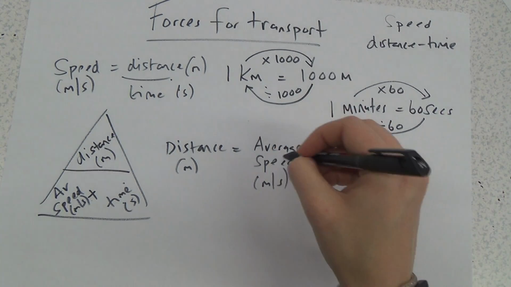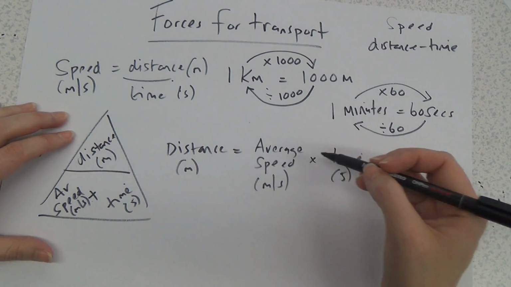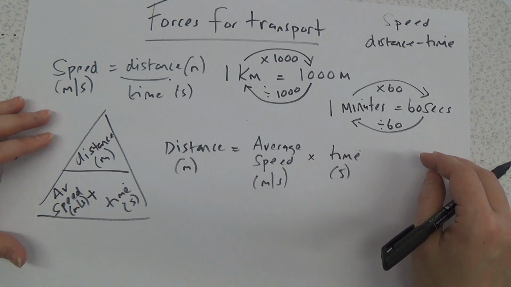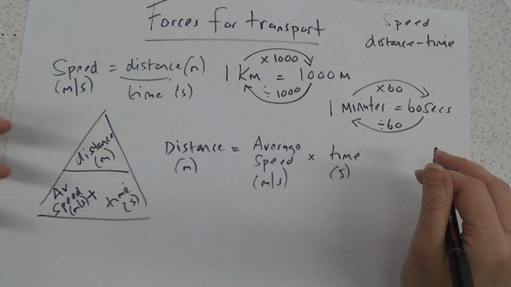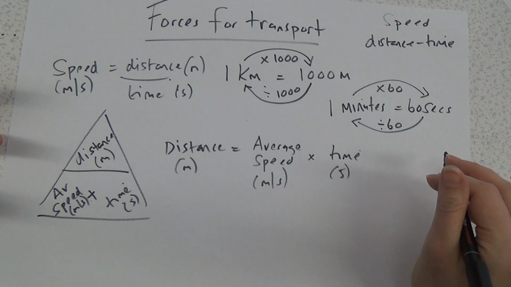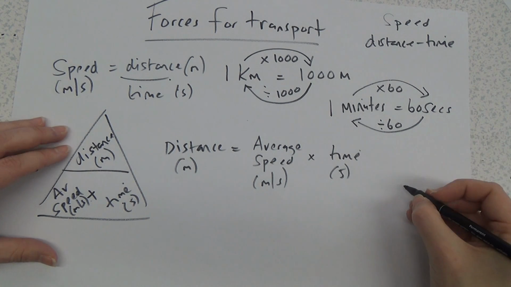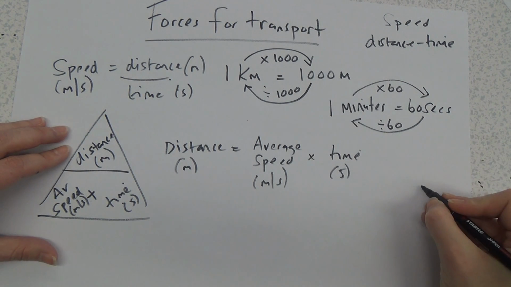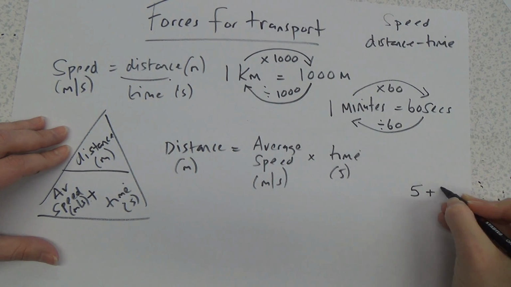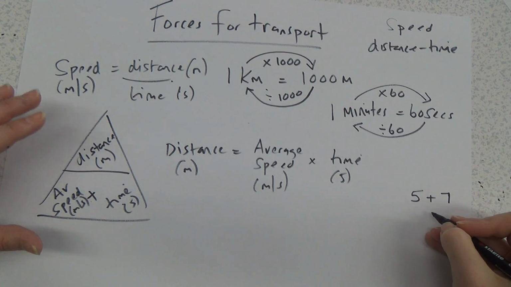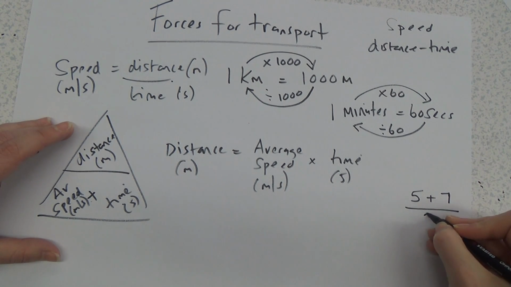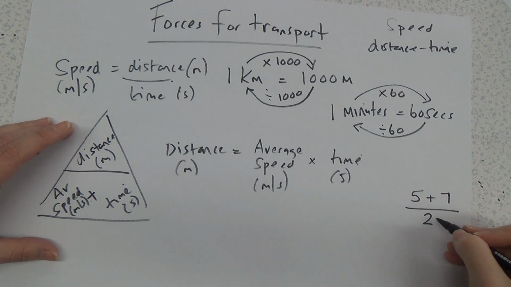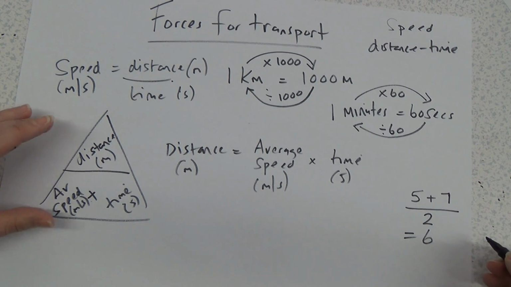Now, when you work out averages, for example in maths, you will generally add at least two numbers together and then divide by how many numbers you've added. For example, if I wanted to work out the average of 5 and 7, I would add those two values together and then divide that answer by 2, which would give me 6.